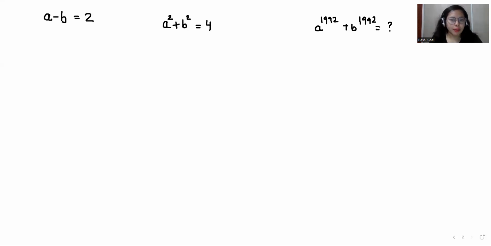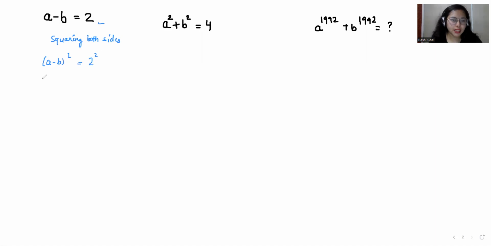So a minus b is 2 and a square plus b square is 4. If I take this and square both sides, a minus b whole square is equal to 2 square.